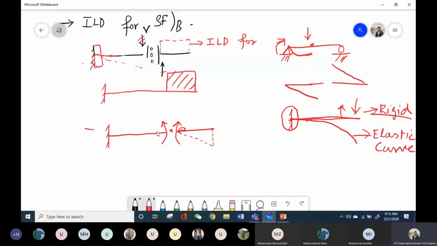This beam or this member won't be moving anywhere because this support does not allow any sort of rotation or deflection. So it will remain as it is. So again, this will be my shape for ILD for bending moment at point B. And this is ILD for shear force at point B.